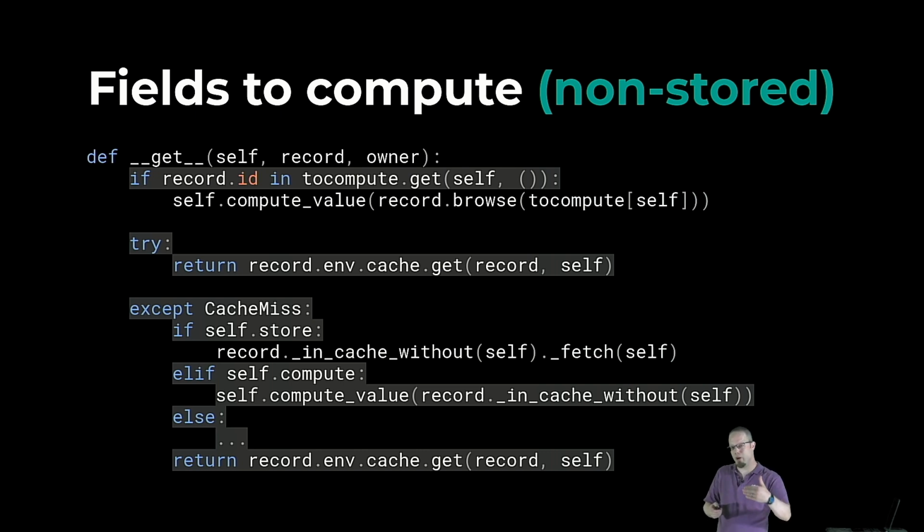The way we mark a non-stored field to compute is by invalidating it from the cache, so that you have a cache miss. Once you have the cache miss, you check if the field is not stored and must be computed. We call the compute method on the prefetch set of that record. And then we access the cache to get the value.